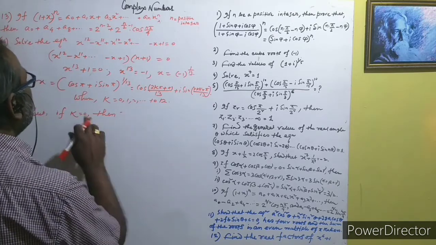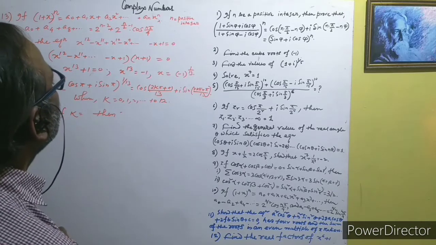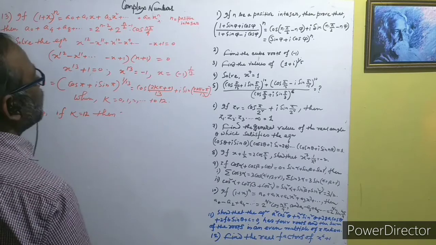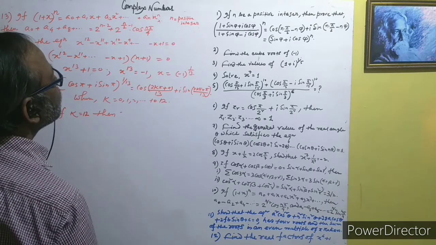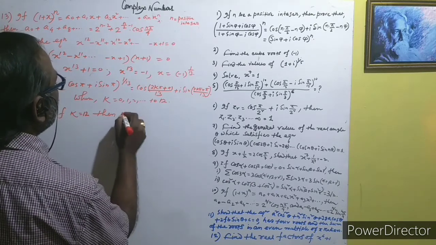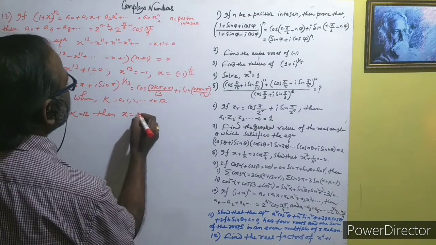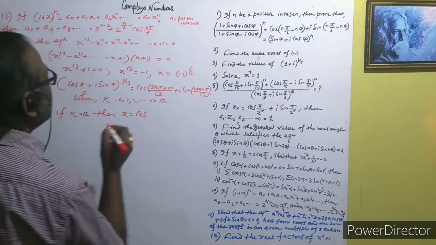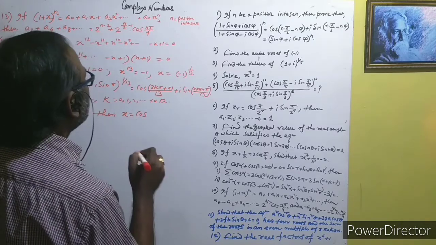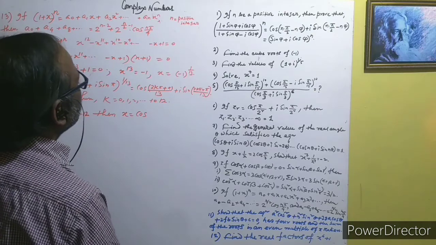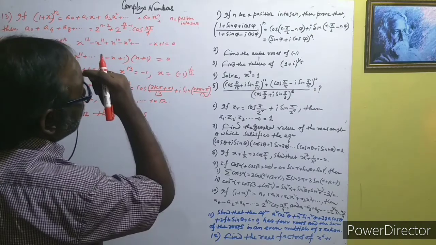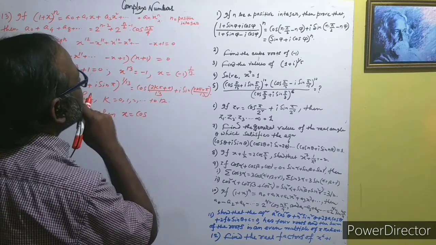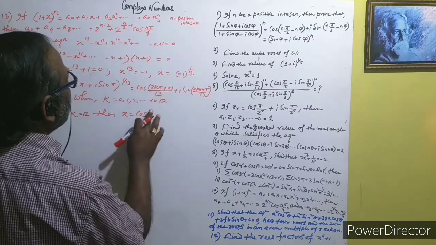Now if k is equal to 12, then x is equal to cos of 24 pi plus pi by 13, that is 25 pi by 13.